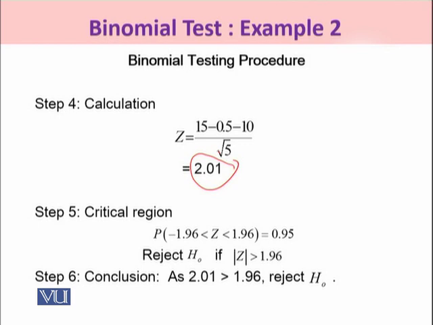Now students, under step number 5, we would have to determine the criterion for rejection or acceptance of the hypothesis. So we'll have to reject H naught if z modulus is greater than 1.96.